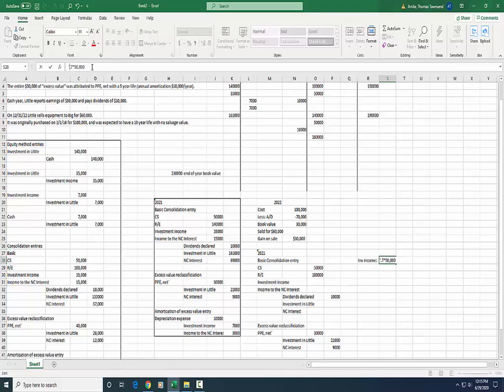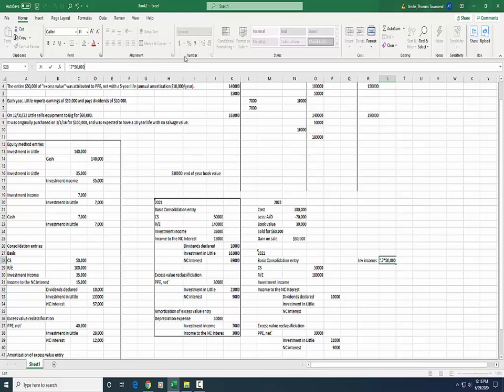Plus or minus any adjustments for their share of any unrealized or realized intercompany gains and losses. So we've got a $30,000 unrealized gain on sale. And then we have two questions we have to ask ourselves every time. First, was this upstream or downstream?